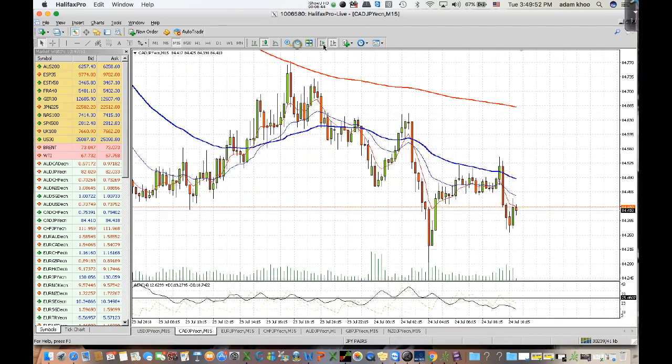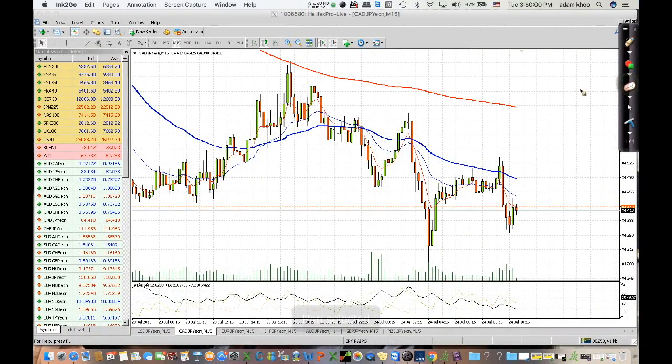Say for example, I find a setup on Canadian yen. I say, okay, I want to short Canadian yen because it looks like it is trending downwards. So I want to short Canadian yen.